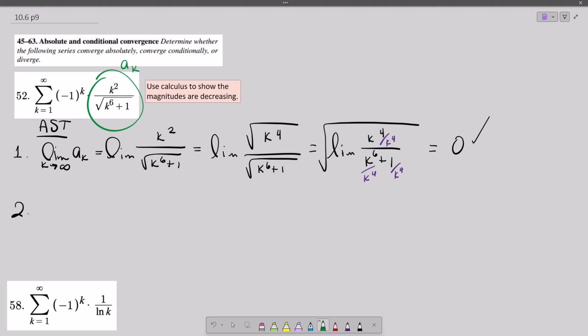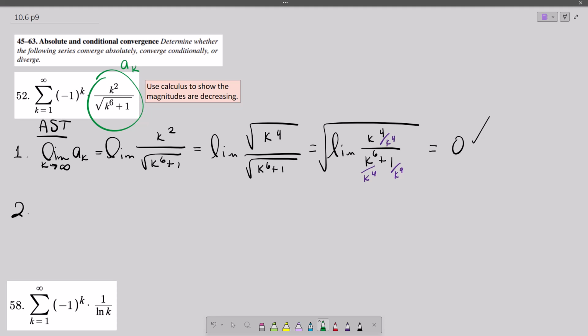But that's not enough. Just because the terms go to 0 doesn't mean the series converges. The terms have to go to 0 fast. Not just go to 0, they have to go to 0 fast. And that's what we did with the improper integration, and we sort of saw 1 over x squared converged, but 1 over x diverged. So the power on the x in the denominator had to be bigger than 1 for convergence.